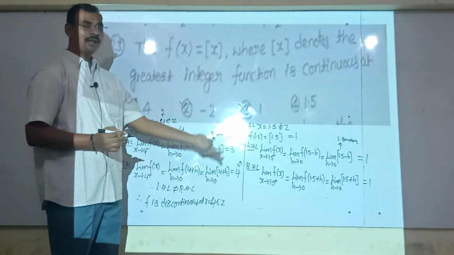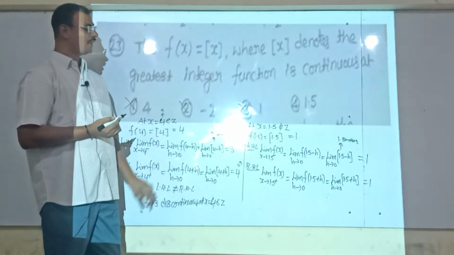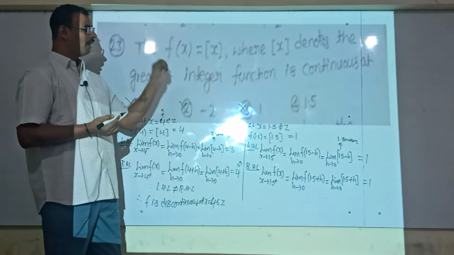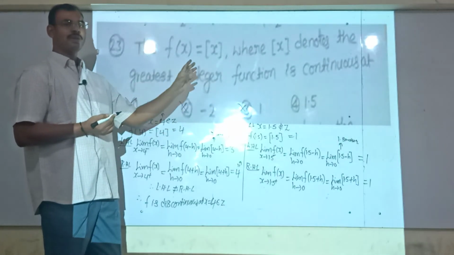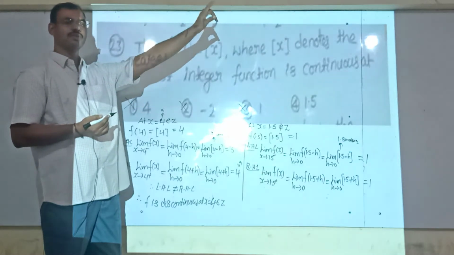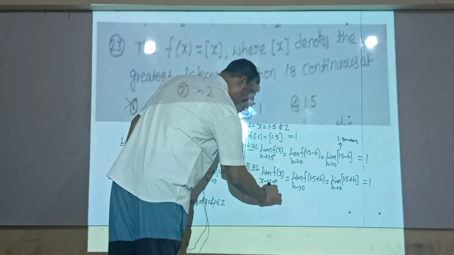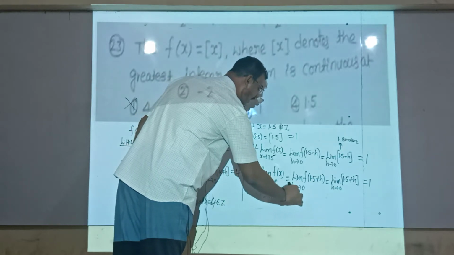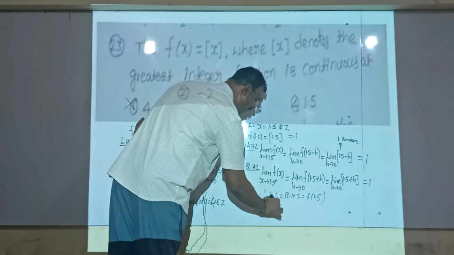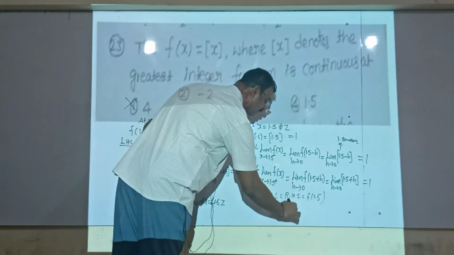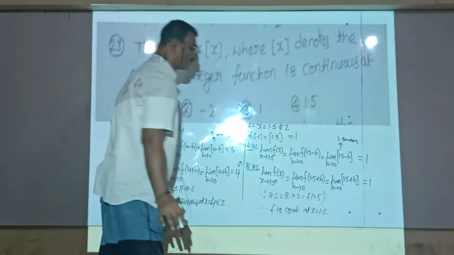So what do you say then? It is continuous at x equal to 1.5. That means you should remember that at x equal to a non-integer, this is our concept. Therefore, the left hand limit equals the right hand limit equals f of 1.5, so f is continuous at x equal to 1.5.